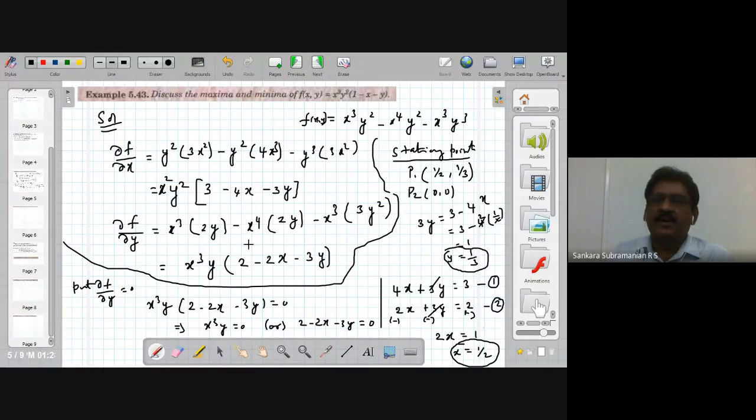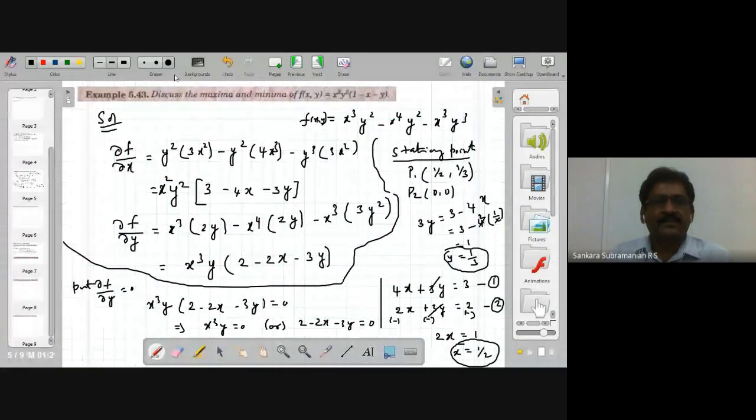For that I need r, s, t, so you need the second derivatives. Therefore I should go for the value of dou square f by dou x square.